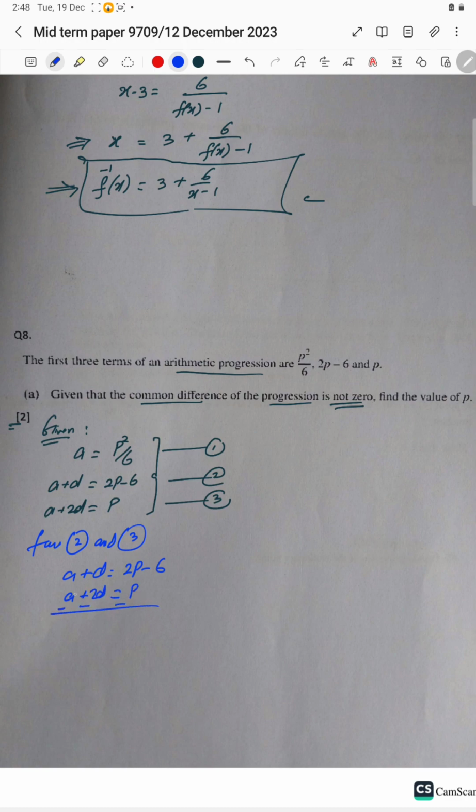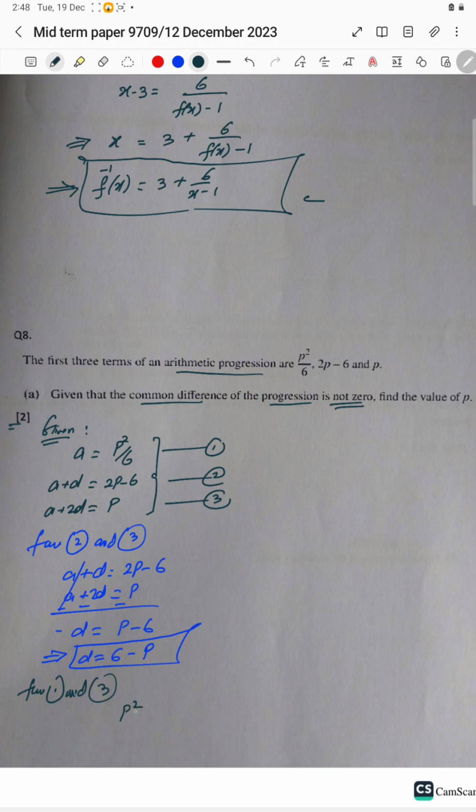If I subtract them, a goes, minus d is equal to p minus 6, so d is equal to 6 minus p. Yes, this is what I just calculated, d so far. Now from 1 and 3, if I substitute the value of a from 1 in 3 or in 2, it's up to you. You can do the simplification on your own. We need to solve these simultaneously.